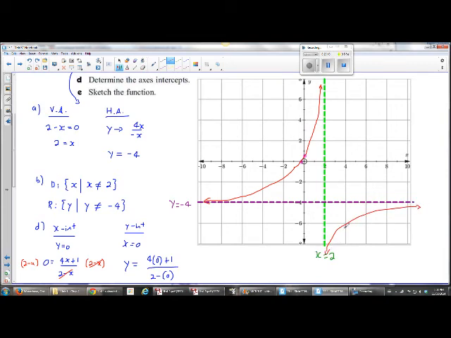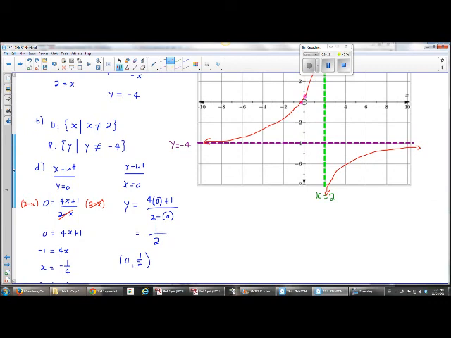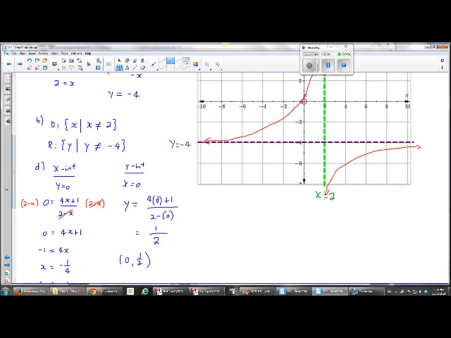Okay, so now we'll go to part C, and we will take a look at the graph, and we will look at the behavior of the graph as it approaches the asymptotes. So for the vertical asymptote at x equals 2, as x approaches 2 from the right, we see that the graph is approaching negative infinity because it's going down as x is going towards 2 from the right.